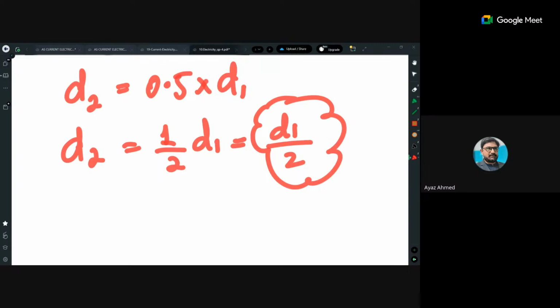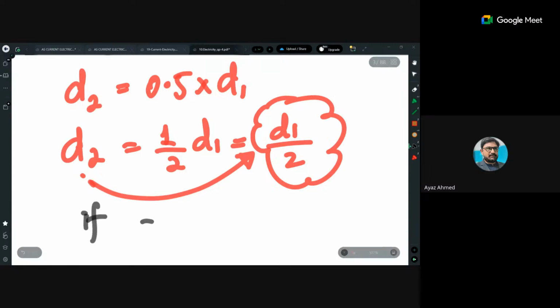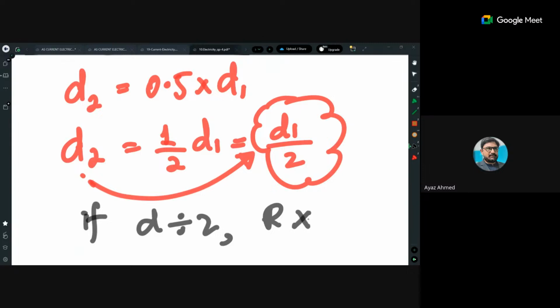So what did you do? What does 0.5 times mean? Half, right? Yes. So I just analyzed that diameter 2 is half of diameter 1. That's it. So that means if diameter is divided by 2, your resistance would be multiplied by 4.